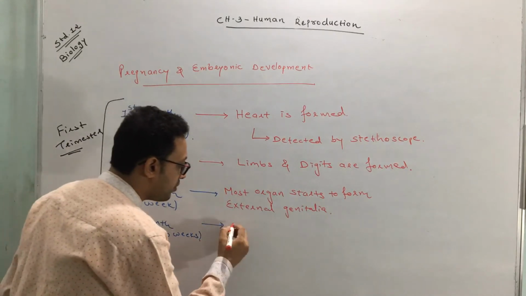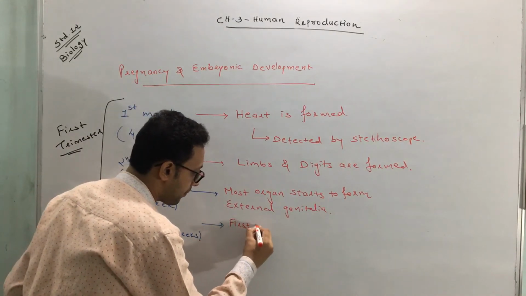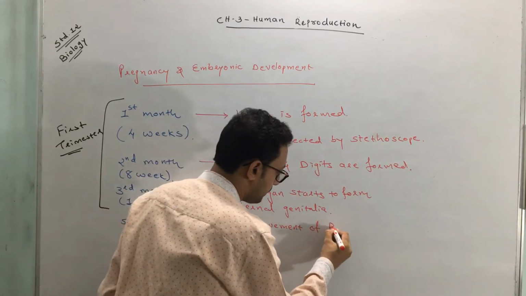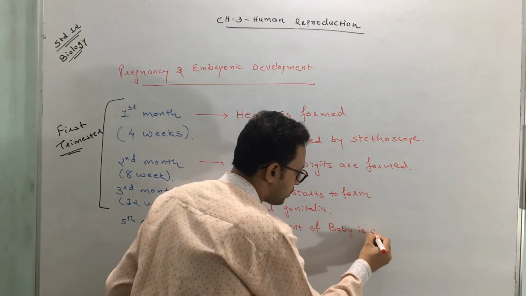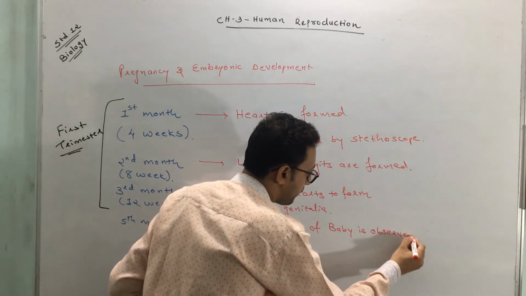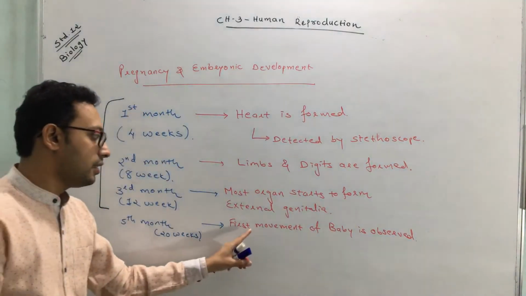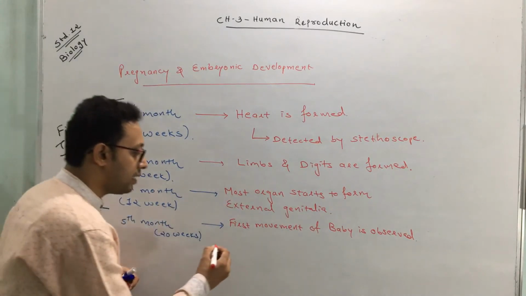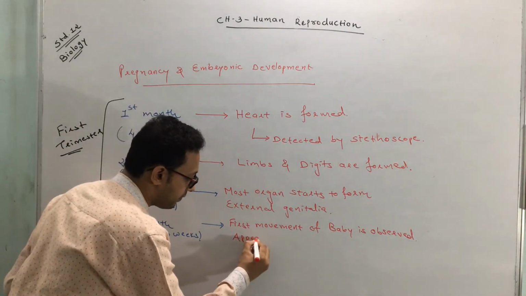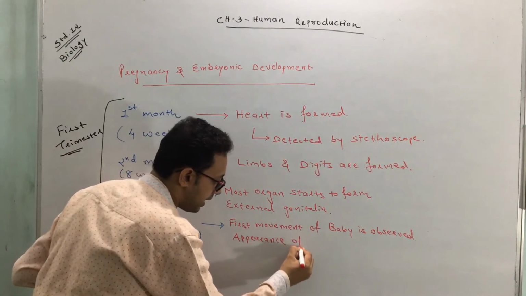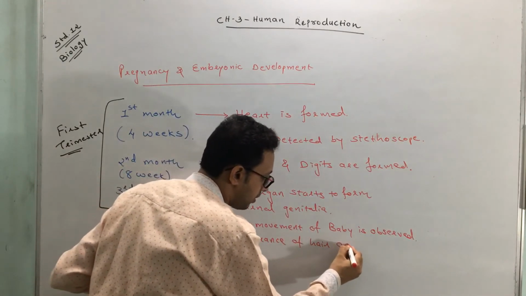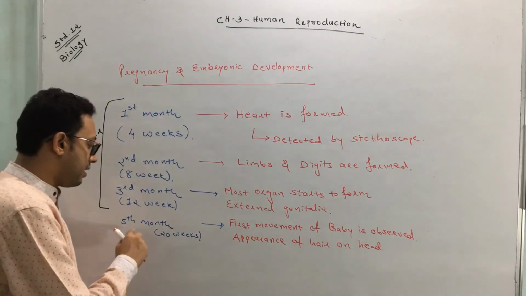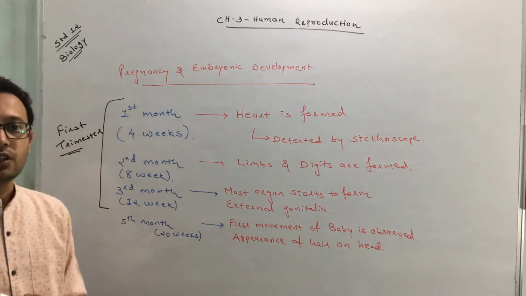Here, the first movement of the baby is observed during the 5th month. Apart from that, there is an appearance of hair on the head. On the head, the appearance of hair takes place during the 5th month or during the 20 weeks.